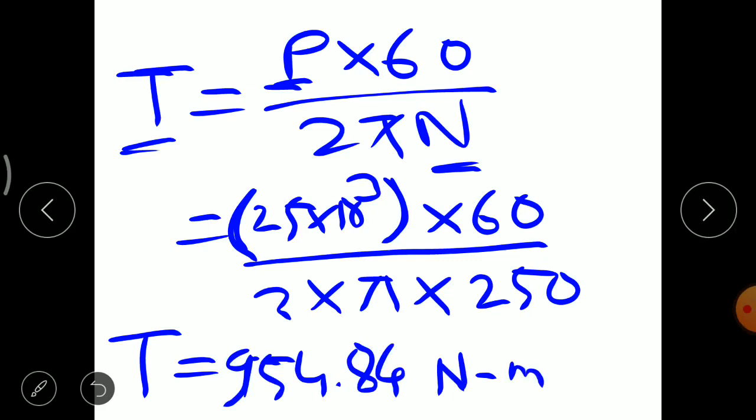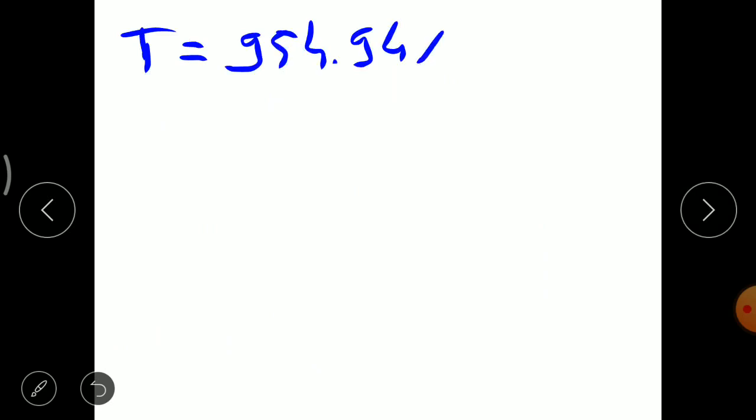But we want this unit in Newton mm, because we have to write the diameter in mm. So we will multiply it by 1000, or 10 raised to 3, and what will we get? We will get T is equal to 954.94 into 10 raised to 3, and the unit of T is Newton mm.